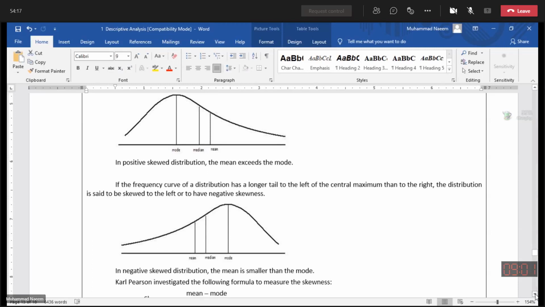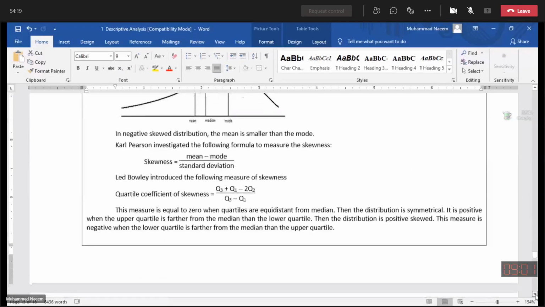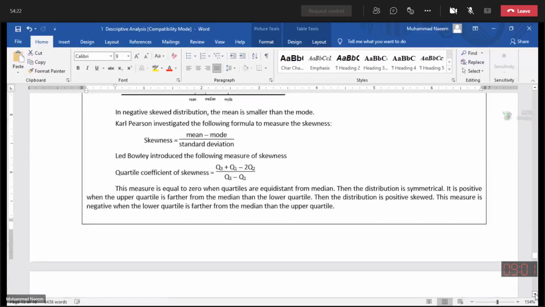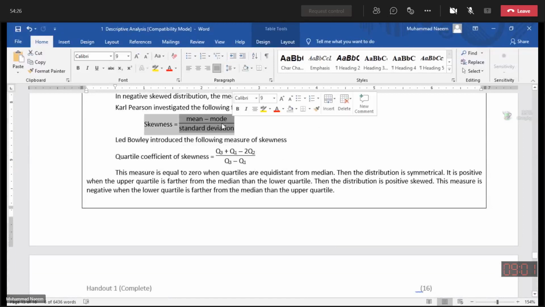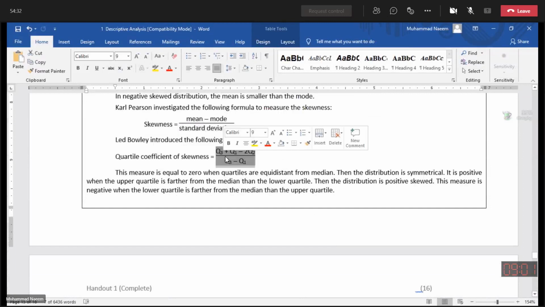But sometimes this information is not available. So we will try an alternative formula to calculate the skewness, this one with the help of mean and mode, and also with the help of quartiles. Skewness, or the coefficient of skewness, is the same thing.